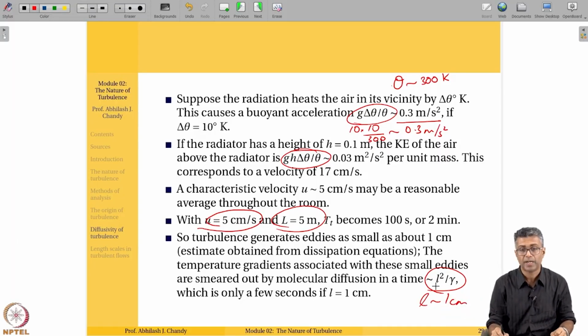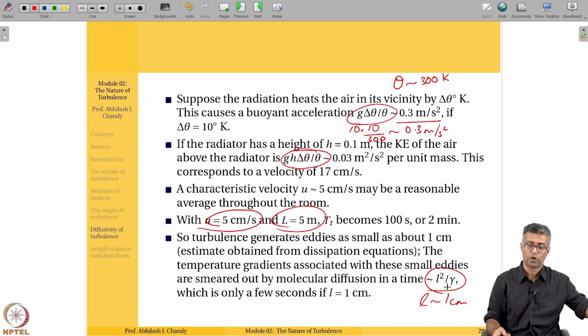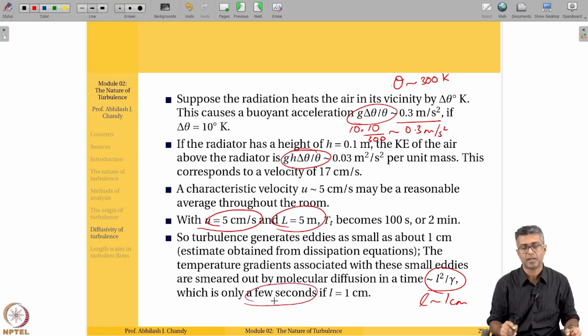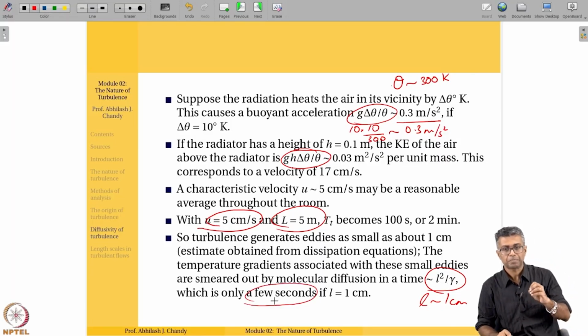If you calculate L squared over gamma, gamma again being the value at standard temperature and pressure, the same value we used for the molecular diffusion case in the room, these time scales are only a few seconds. So what are we trying to say here?